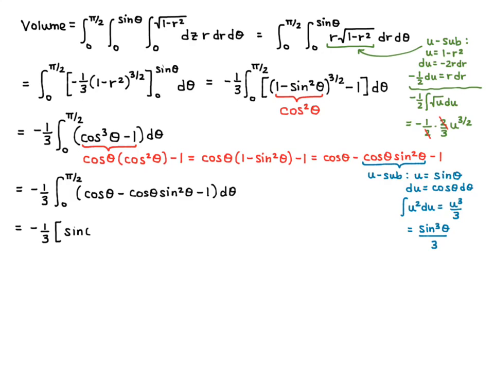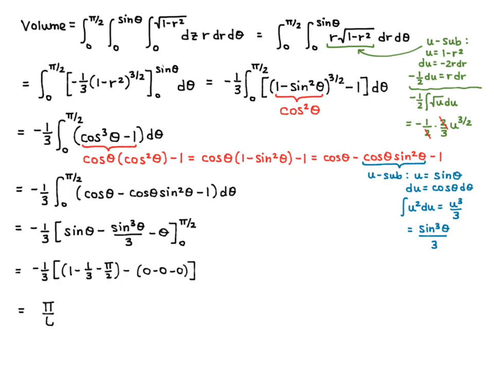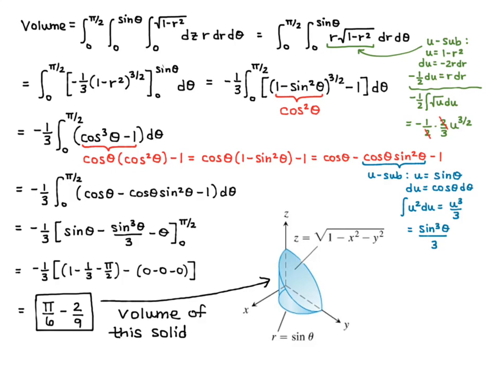So I get negative 1/3 times sine theta minus sine cubed theta over 3 minus theta, evaluated from 0 to pi over 2. Plug in your bounds, and simplify. And we get pi over 6 minus 2/9. So that is the volume of this solid that we started with the picture of.